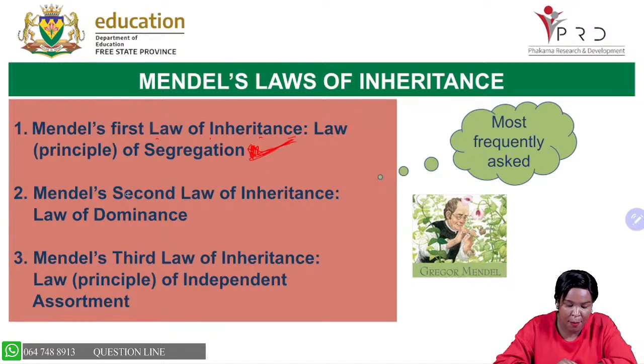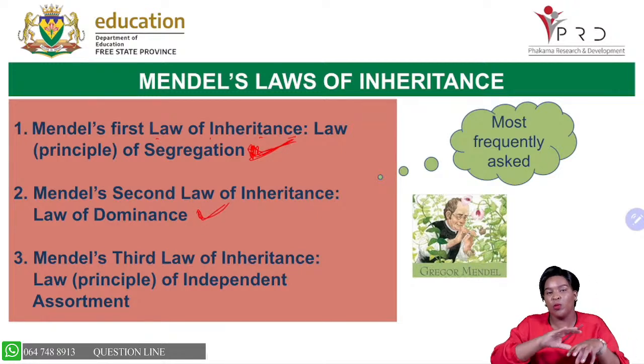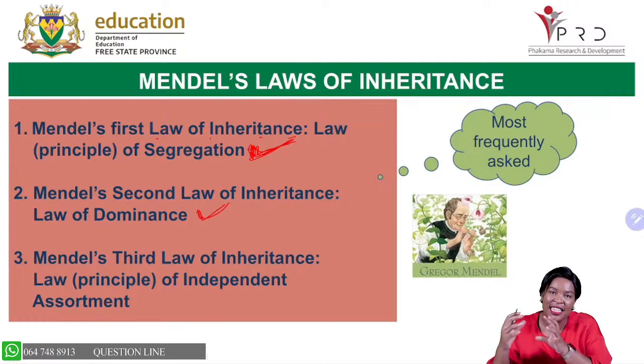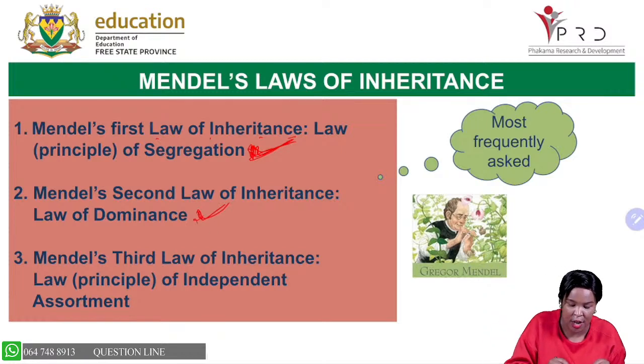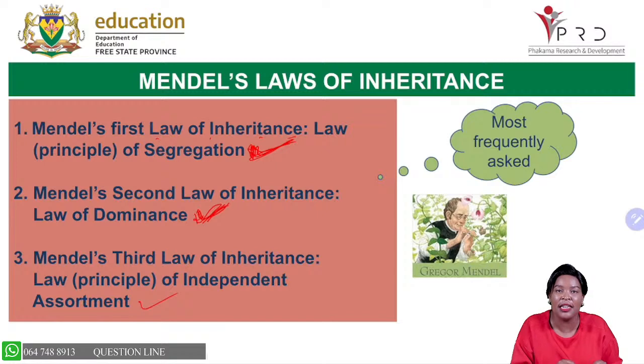Mendel's second law of inheritance is the law of dominance, where the dominant allele will cover or be dominant over the recessive one. Then his third law of inheritance is the law of independent assortment.